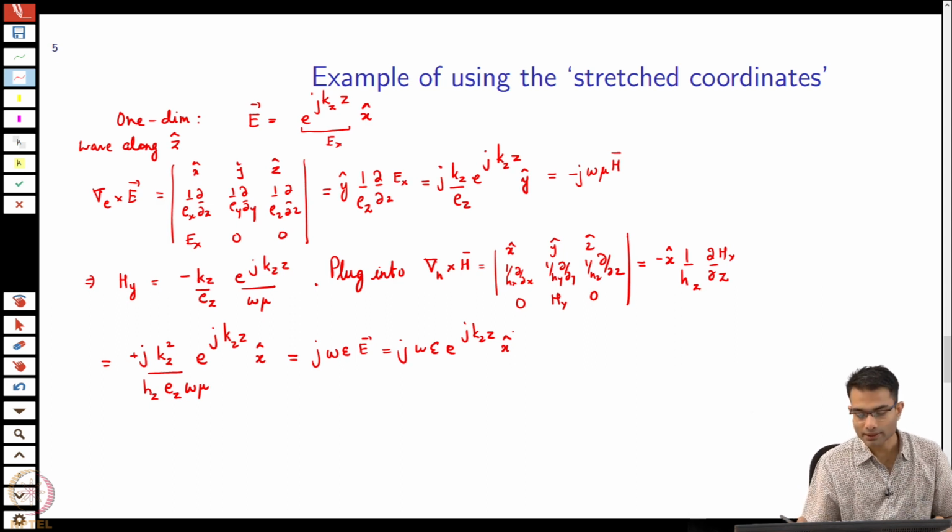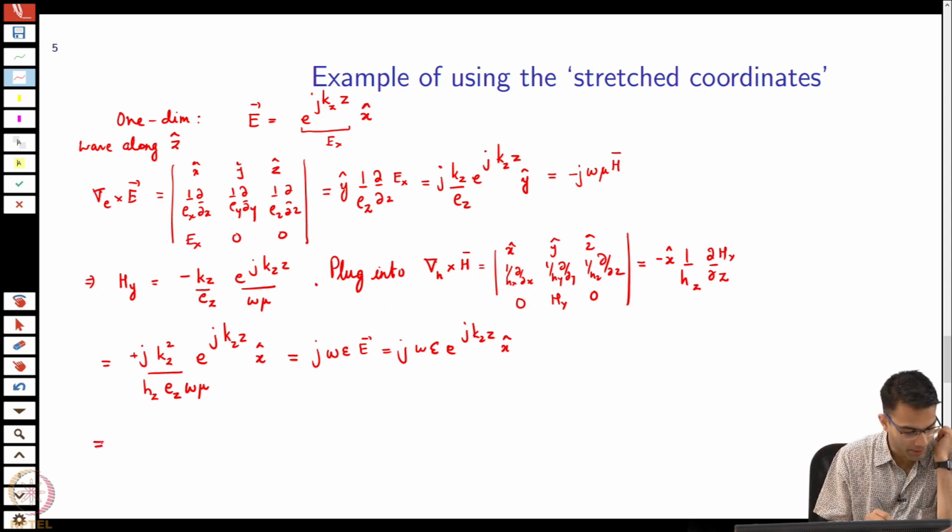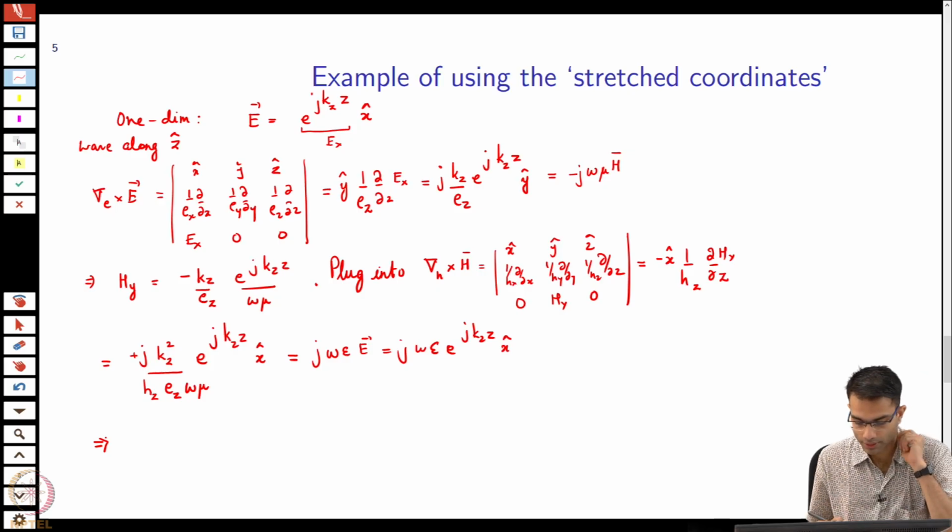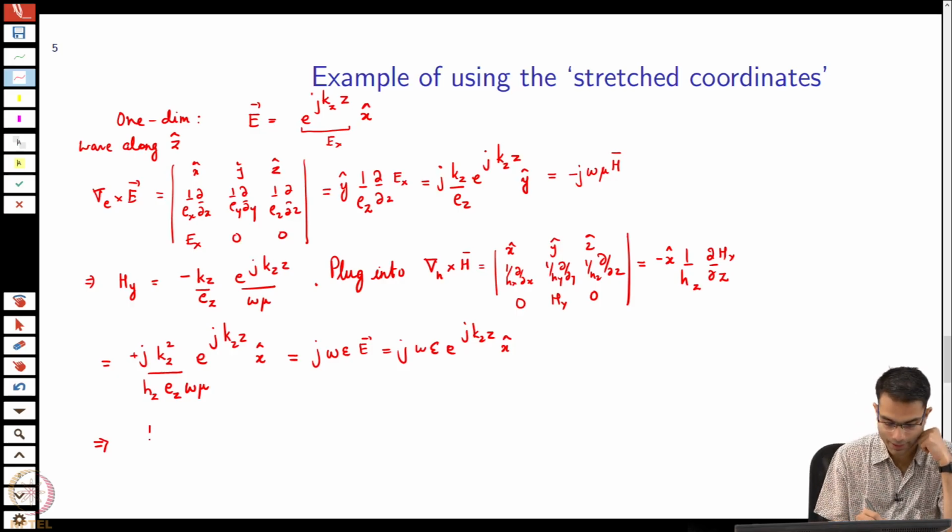I just redefined del, that is all that I did. So, if I compare these two things over here, a lot of terms cancel off. For example, the exponential cancels off, the j cancels off, anything else cancels off? No, right. I get a kz squared, denominator is going to be my hz ez.